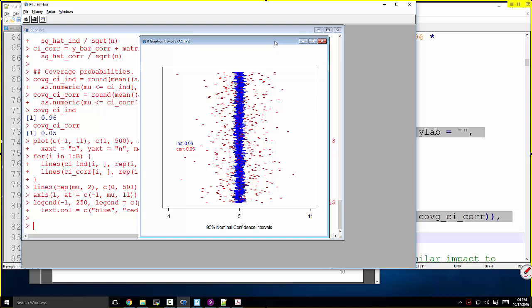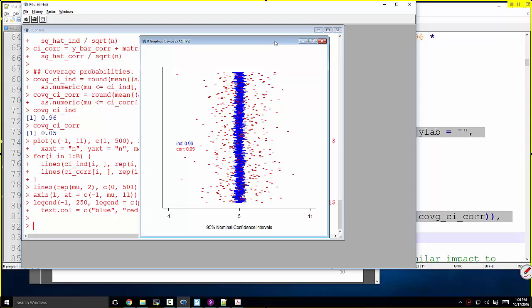All those little blue line segments represent 95% confidence intervals. There's 500 of them because we simulated 500 data sets. So 96% of those blue confidence intervals contain the truth. We expect 95%, so the 96 is just due to random variation.